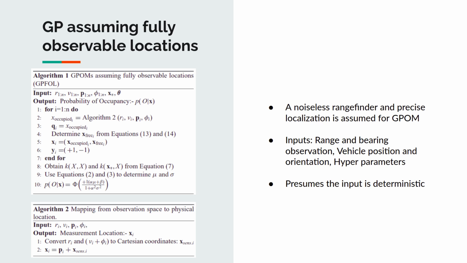The free cells are determined from the occupied cells using the sensor model equation. The covariance of the sensor measurement and the localization are calculated from the covariance function of the Gaussian process. The found covariance can be used to calculate mean and variance of the observation.